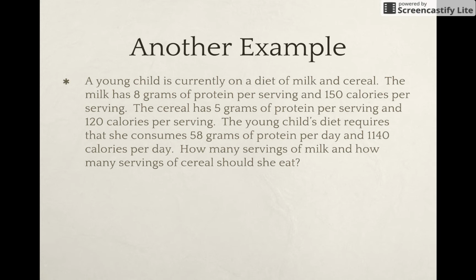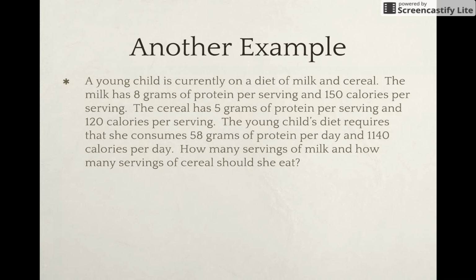Keep in mind here, there are lots of ways we could attempt to solve this problem. One of those is to begin guessing and checking with servings of milk and cereal and seeing if the needed requirements are met. It's actually a really helpful thing to do because it will focus our attention on the things that this problem is considering.